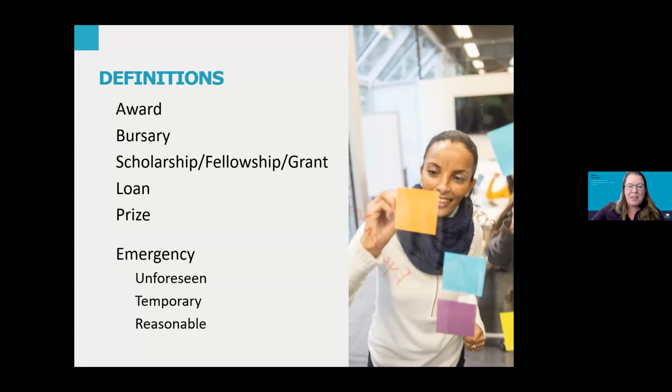Emergency means something has happened that is unforeseen, temporary, and reasonable. So tuition and living fees and food shouldn't be considered emergencies.